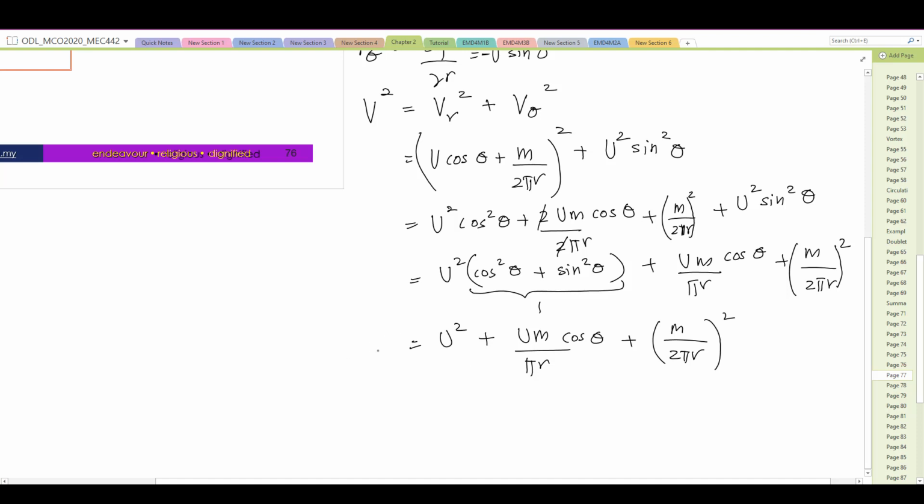Okay, so this is the magnitude of the velocity.